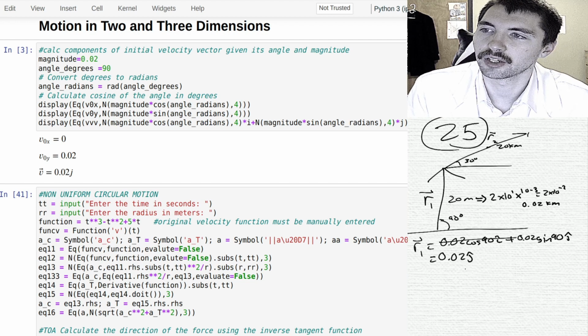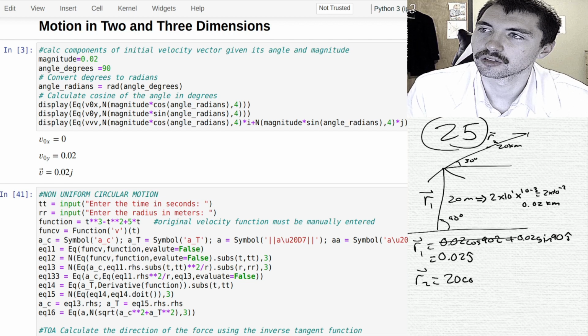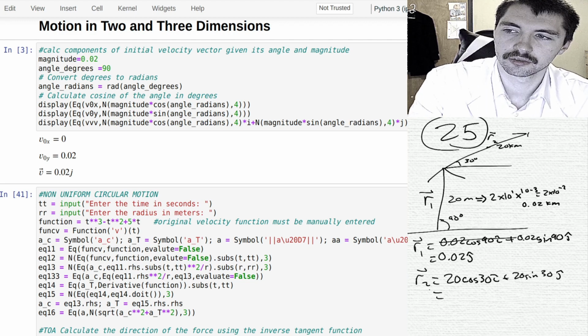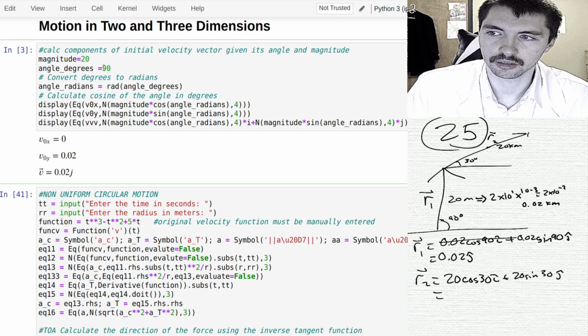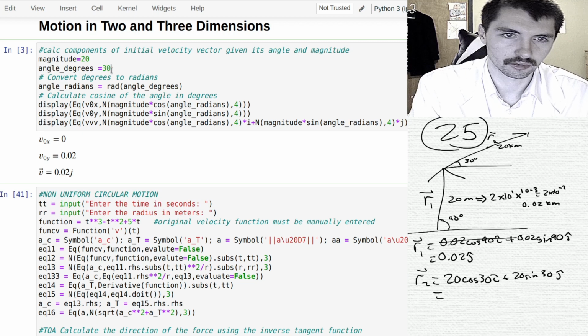Okay, 0.02 j. All right, so R2 is going to be 20 cosine 30 i plus 20 sine 30 j.